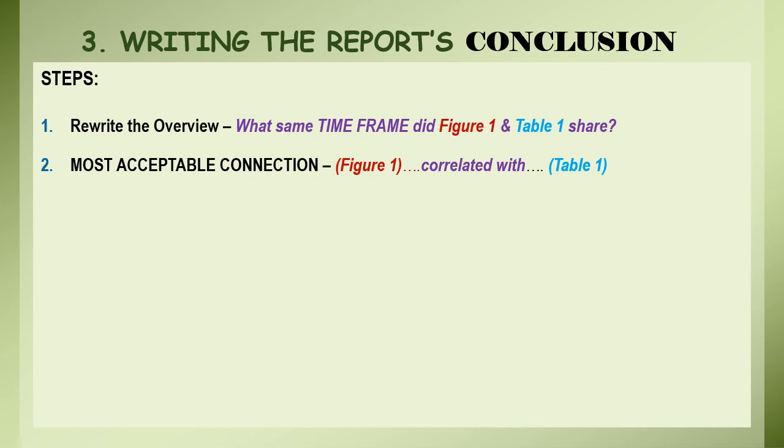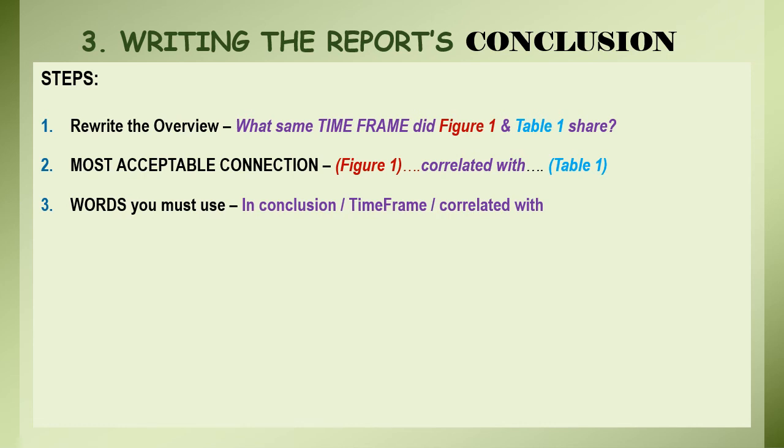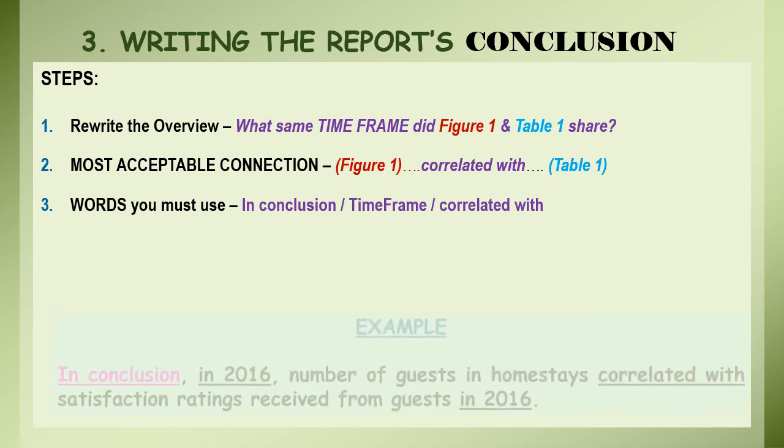When you rewrite the overview, you don't really have to do much actually. All you have to do is to change a few words in the overview so it becomes the conclusion. The words that you must use are in conclusion, and you also must make sure the time frame and the phrase correlated with is written in your conclusion.